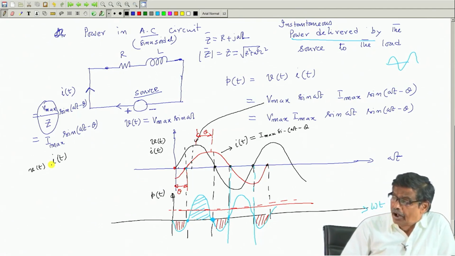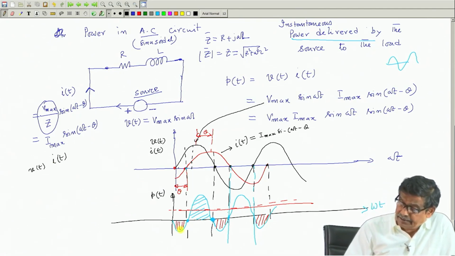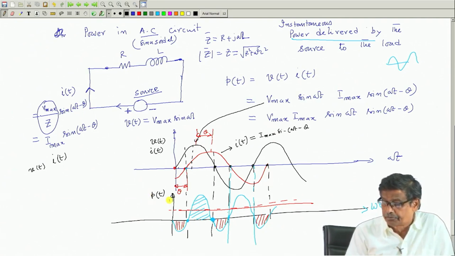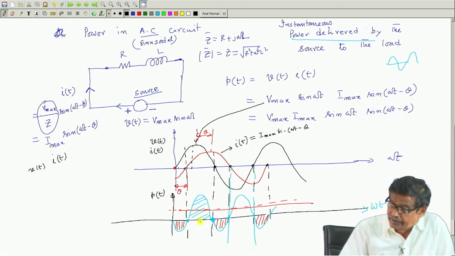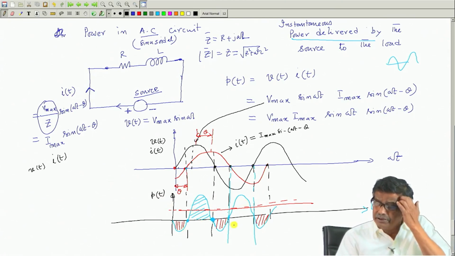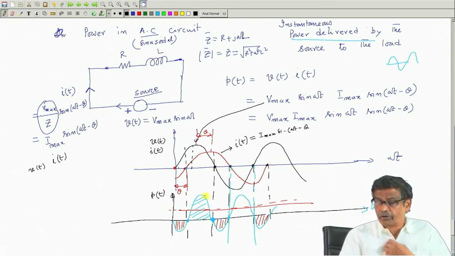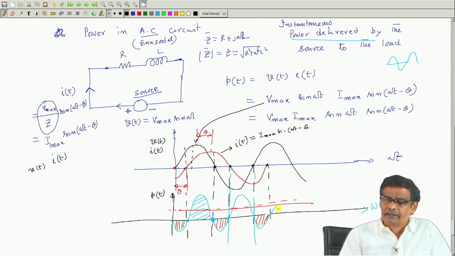Anyway, we calculated the instantaneous expression and got this power, and we found that a positive average power can be found out, which I will do right now.